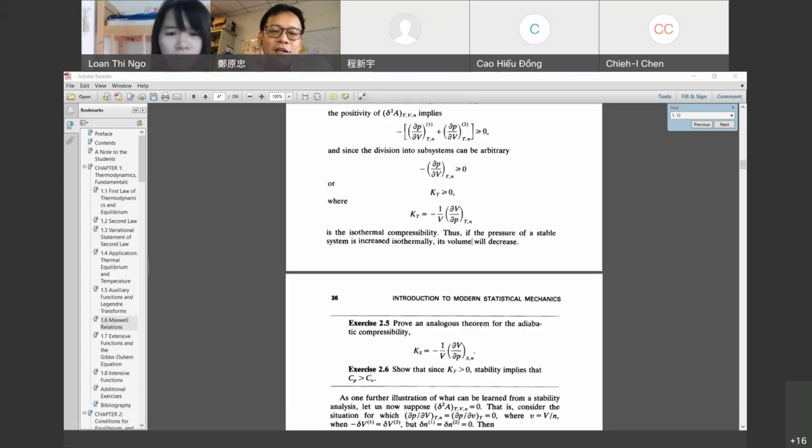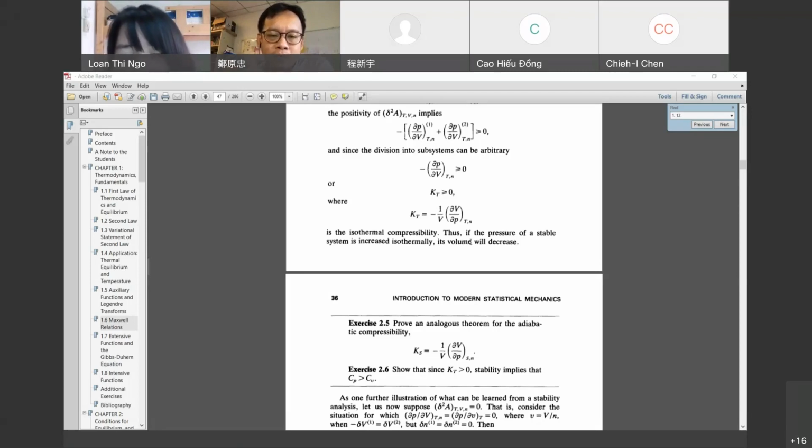KT is the isothermal compressibility, at constant temperature.